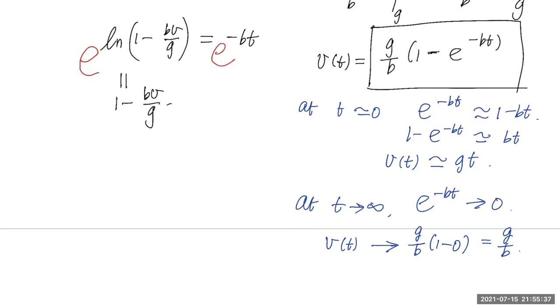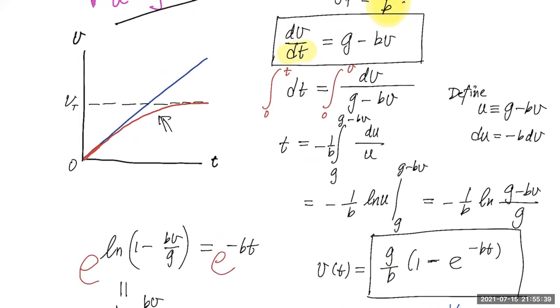Okay, now there is another way to work out this solution without going through this integration, and that is by guessing what the answer is. I'm not going to talk about it here, but you will see equations similar to this on many different occasions in different parts of physics. For example, in electricity and magnetism, you're going to see equations like that for charging and discharging of an electrical capacitor.